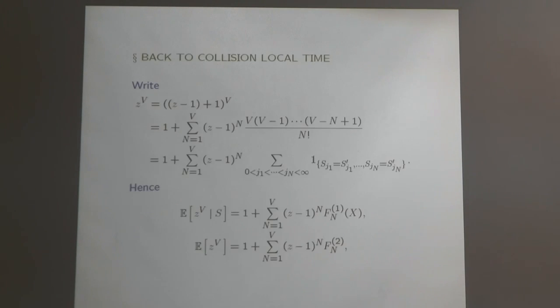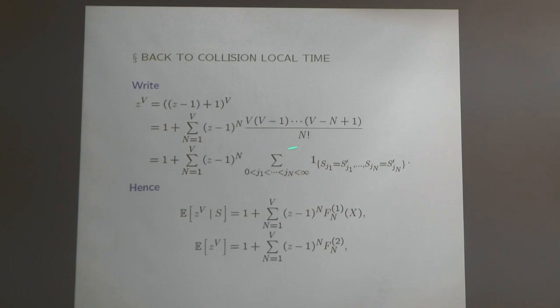And then in this representation, when I take the expectation over S prime with fixed X, if I fix S, that's the same as fixing all the increments because my walk starts at the origin.